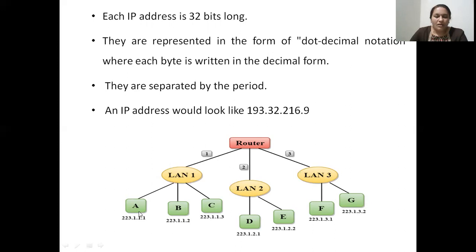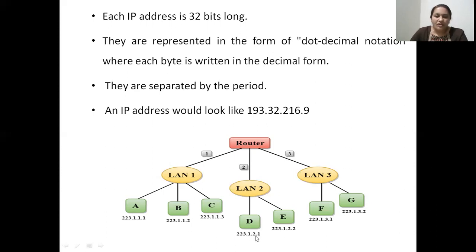The hosts connected to LAN 1 will have addresses 223.1.1.1 for A, 223.1.1.2 for B, similarly .3 for C. So the first 3 bytes are common for all hosts in LAN 1, only the last byte is changing.